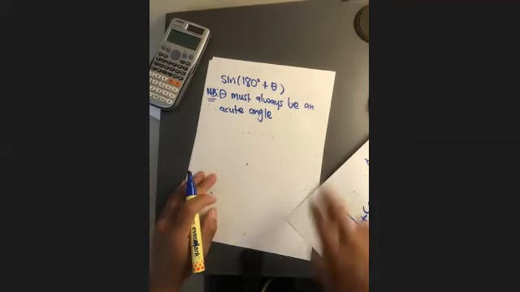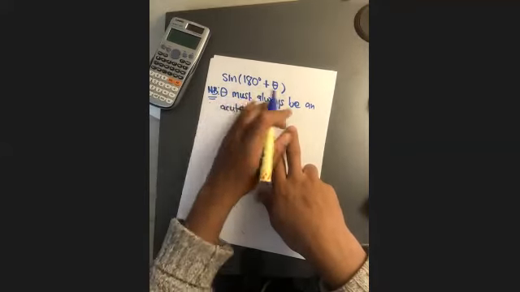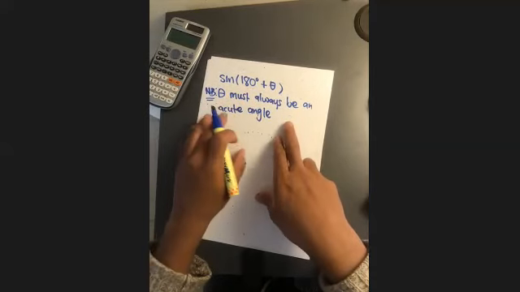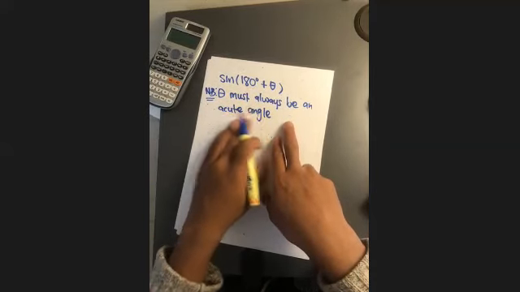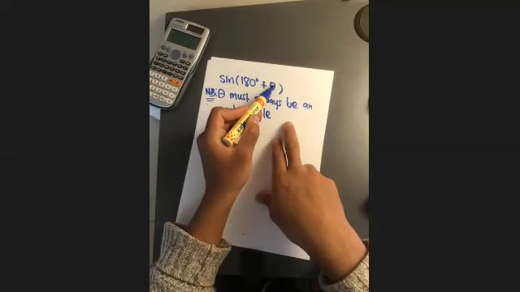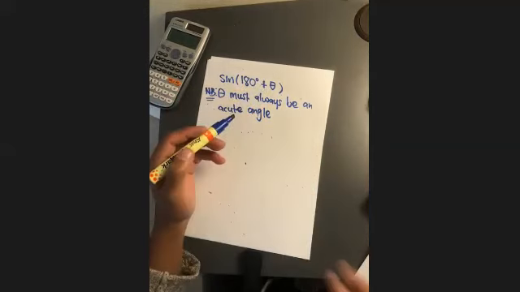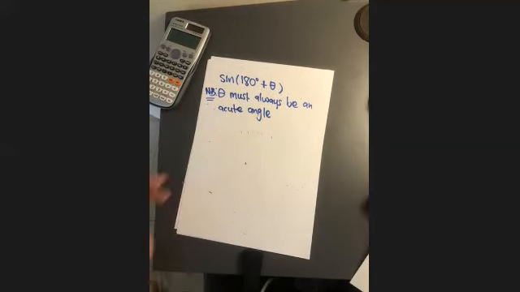So now, having this as a fact that it should always be an acute angle, we know that this lies in the third quadrant. And then I'm just going to show you guys reference.